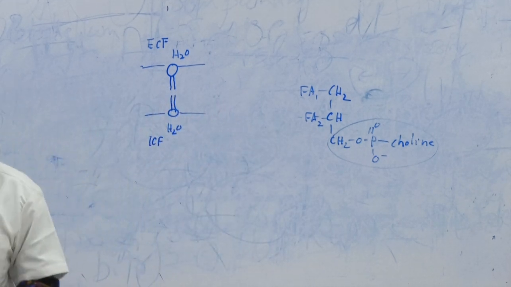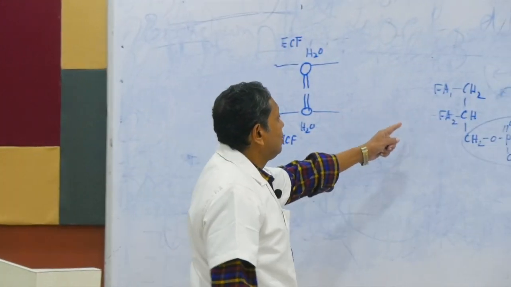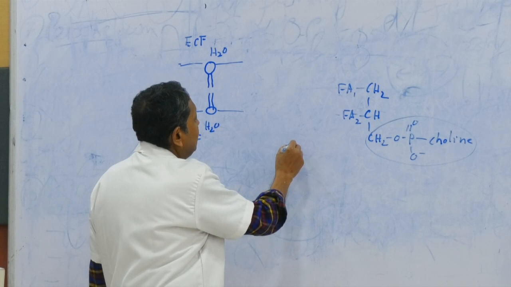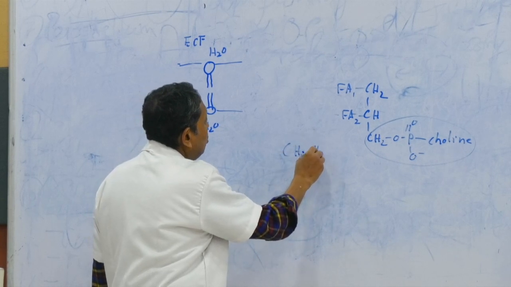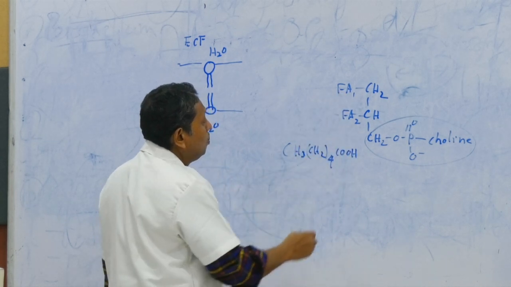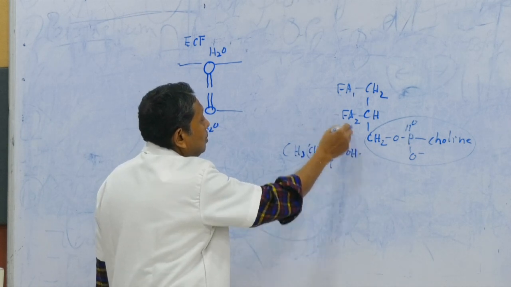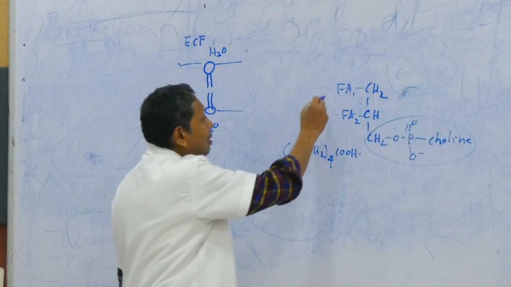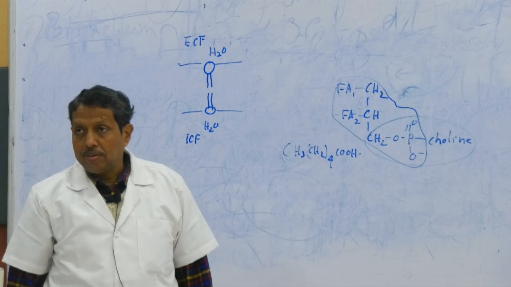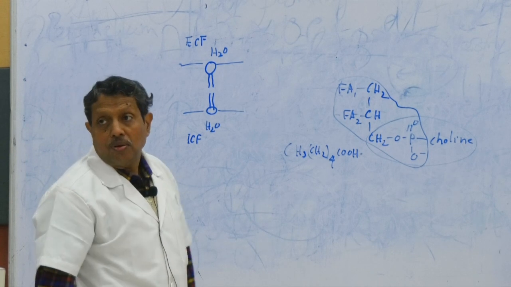Or hydrophobic. Suppose it may be stearic acid or palmitic acid. If it is stearic acid, CH3, CH2 chain, COOH, and it unites with the hydroxyl group, and they form this ester compound of the glycerol compound, and together they produce the phosphatidic acid, and when it unites with choline, they form phosphatidyl choline.